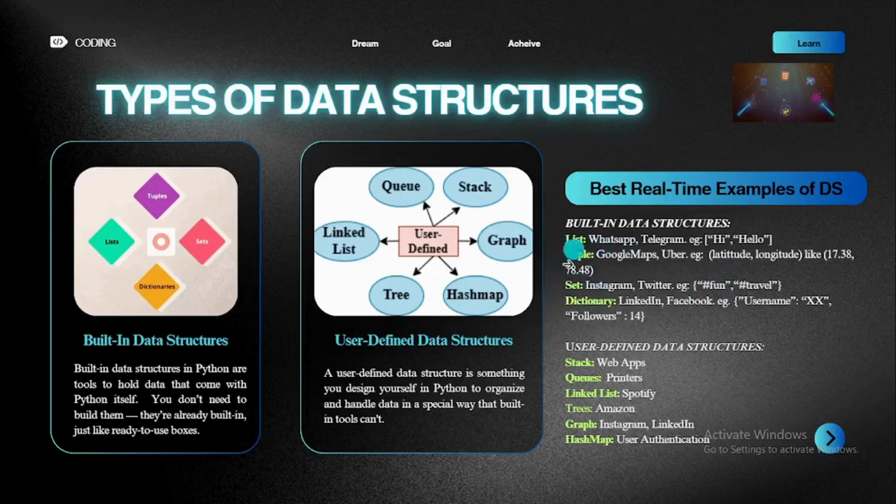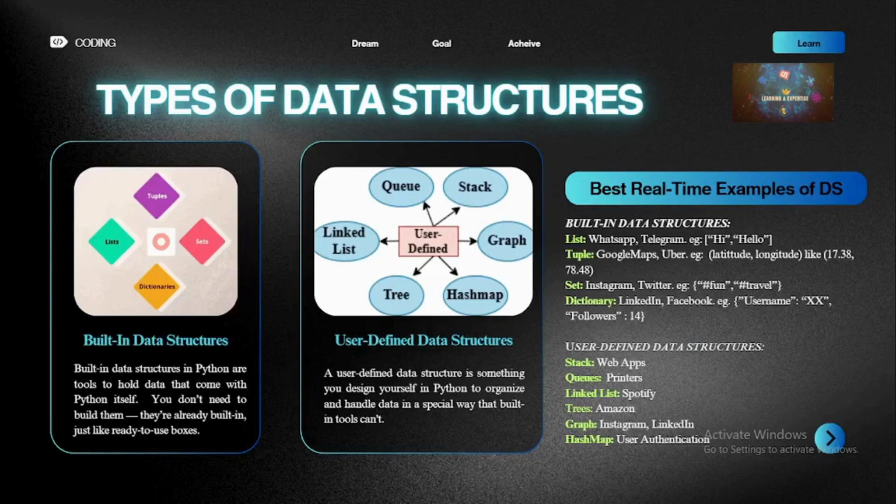In that case, the tuple is used. When it comes to the set, we have Instagram and Twitter, where we use hashtags to get more reach. When it comes to the dictionary, we have LinkedIn, Facebook, Instagram, where whenever we log in, we use the username and password.